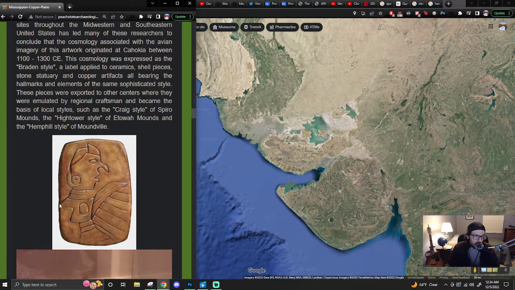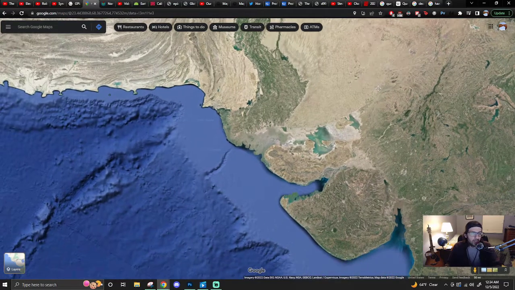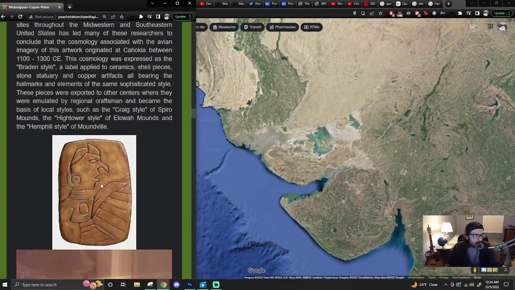And then this shoulder is actually in this way. And then going up this way, this is kind of part of the wing over here.